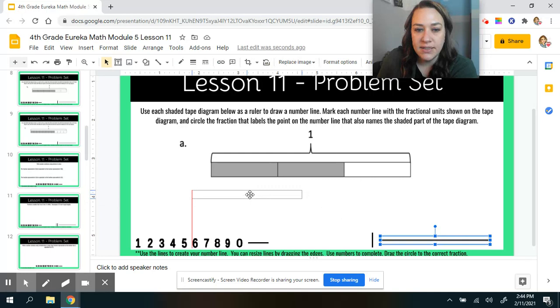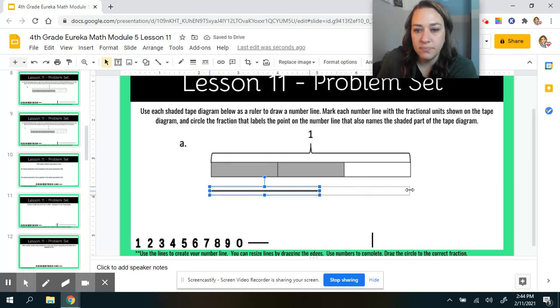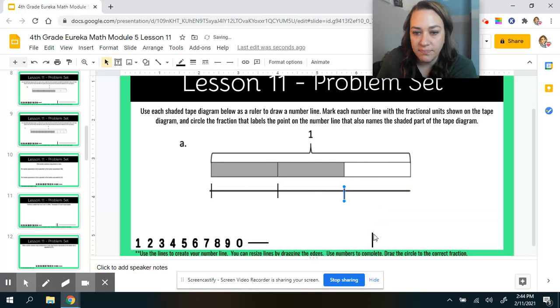So if we use this to kind of draw that number line down below, and then you're going to want to use these as kind of your point markers at the beginning and where your shaded portions lie on your tape diagram. Just like that. So then you could say we have 1, 2, 3. So we would have 0 thirds.